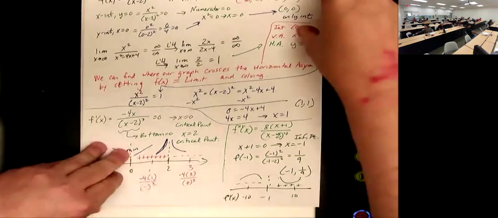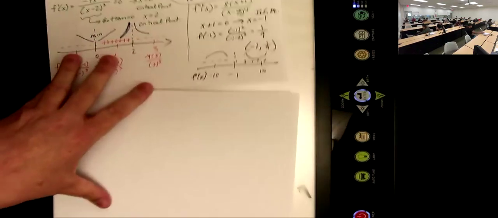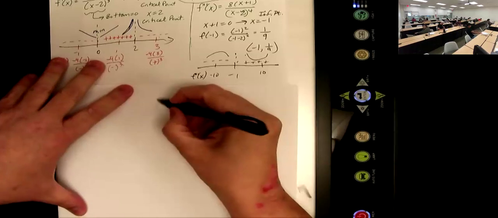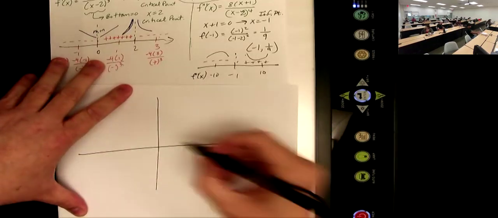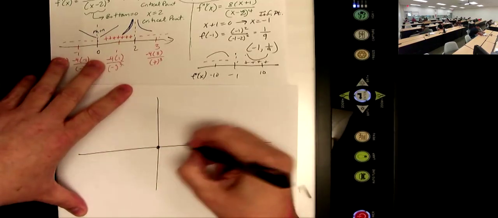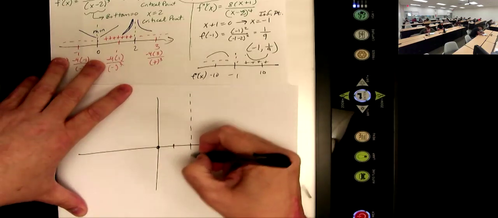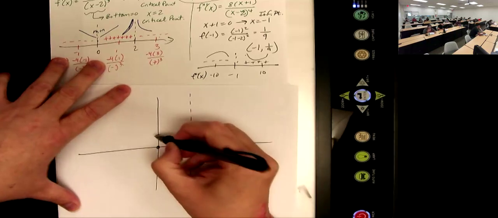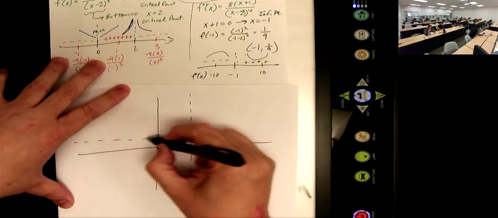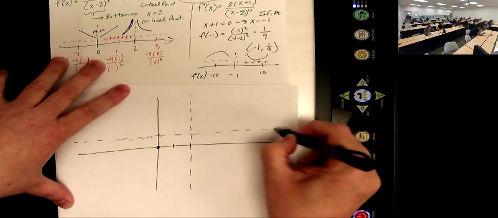Let's take a look at our graph. So we said we had an intercept at 0, 0. And we had a vertical asymptote at x equals 2. We had a horizontal asymptote at y equals 1.